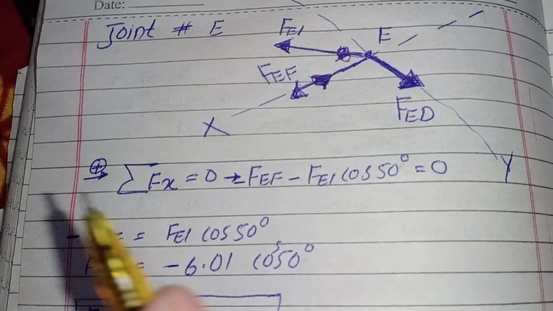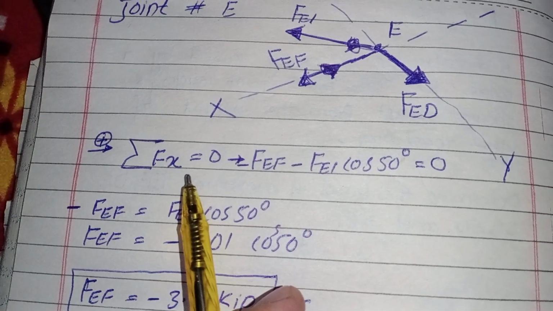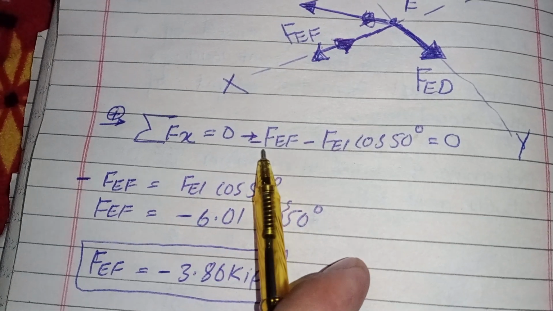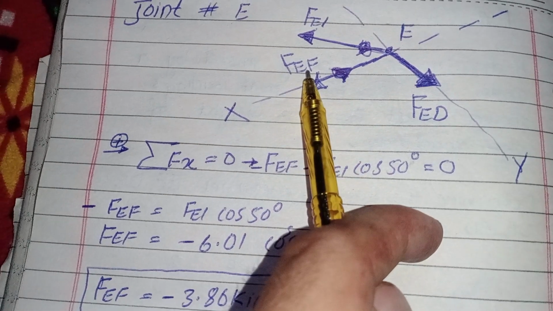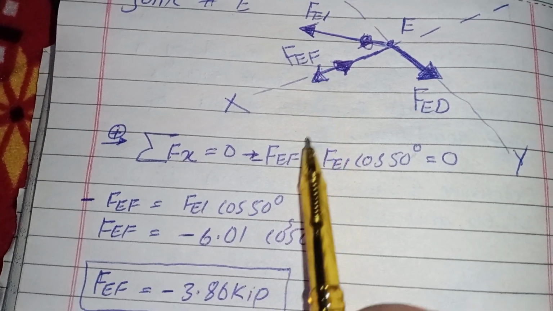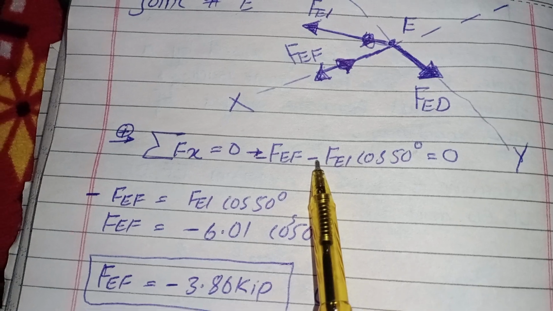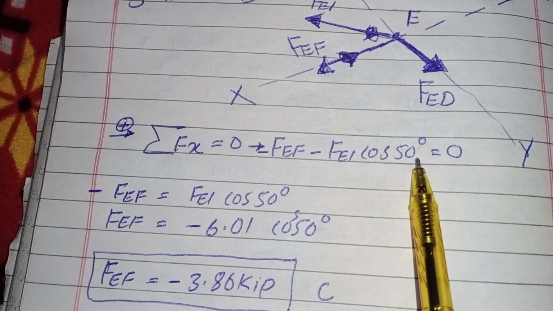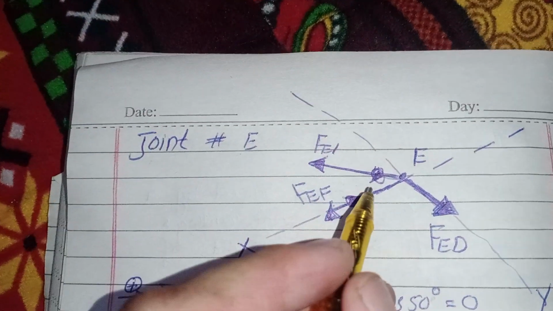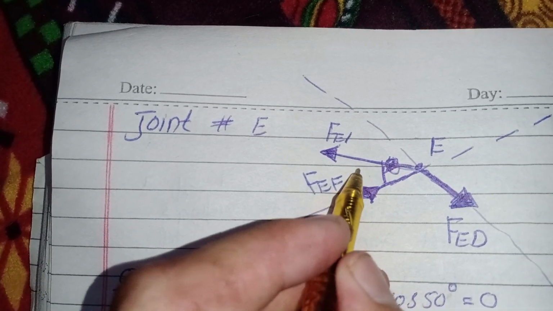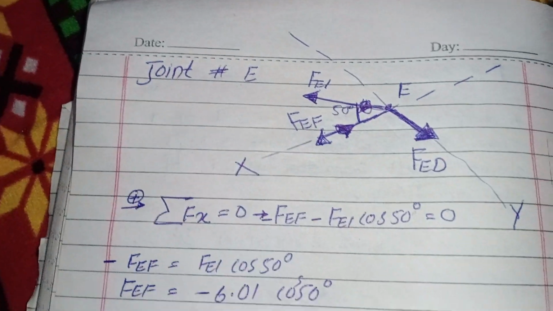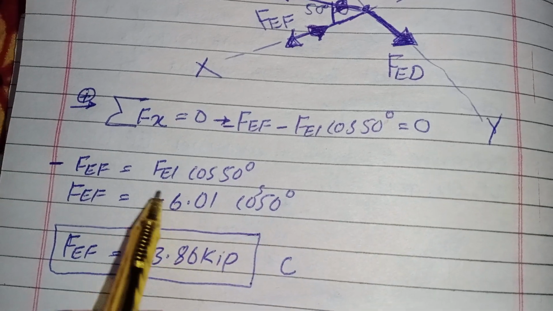So the summation of all horizontal forces is equal to 0. So negative FEF, negative FEI cos 50, since this makes an angle with the x-axis of 50 degrees, equals 0.